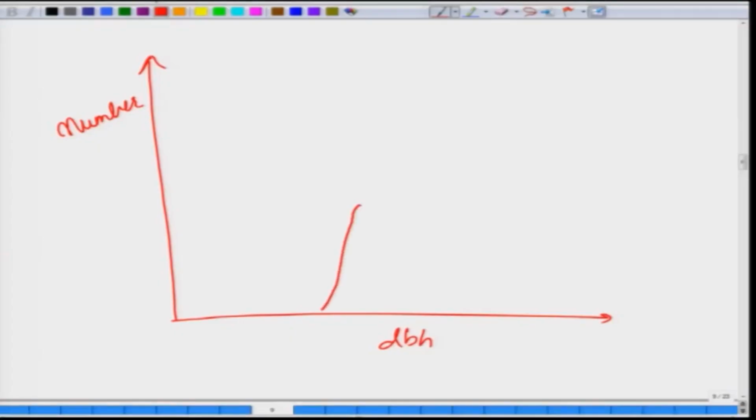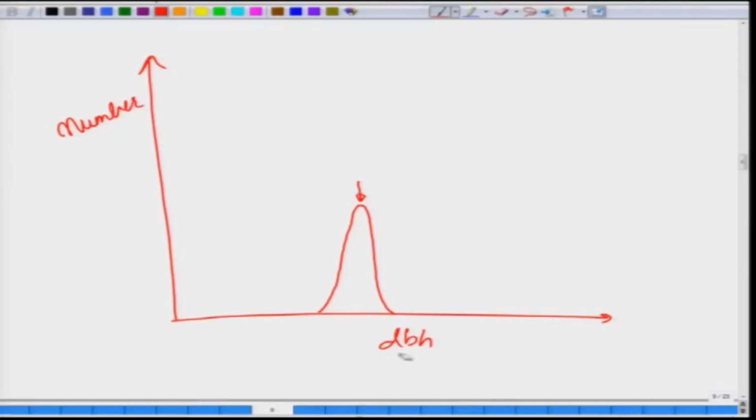So, the ND curve will look something like this. Because this is an even aged forest, you will have all the trees or most of the trees that are having a single DBH, because that is corresponding to the age. So, you can even replace your DBH and you can say age. So, if you draw a number and age curve for an even aged forest or an even aged stand, it will look like this.